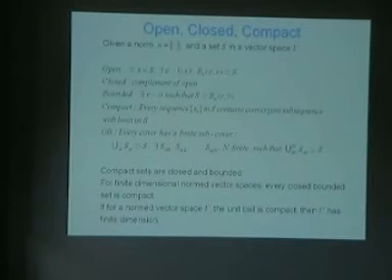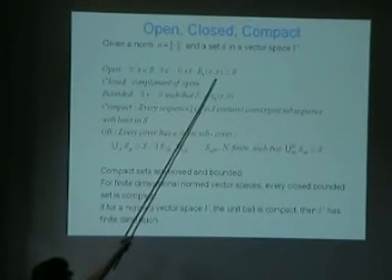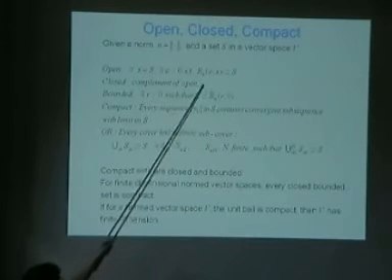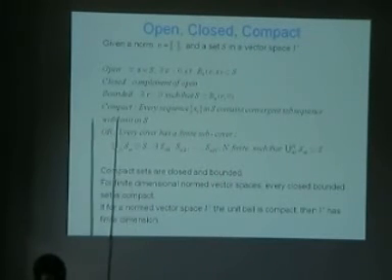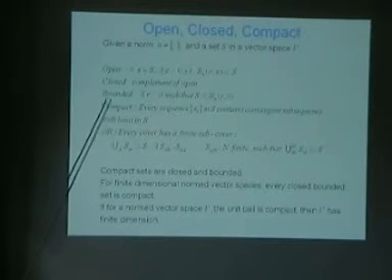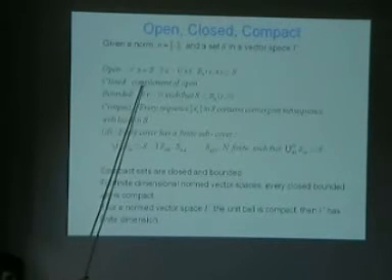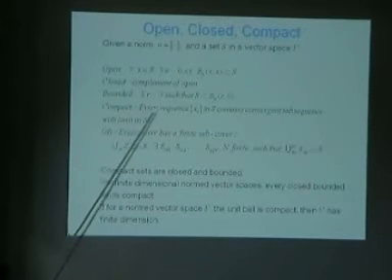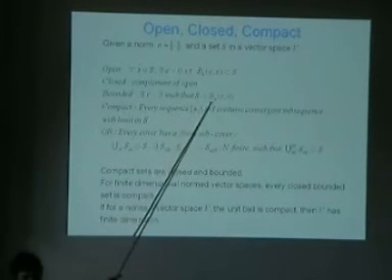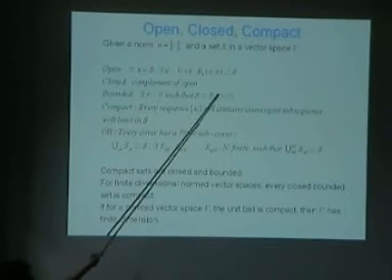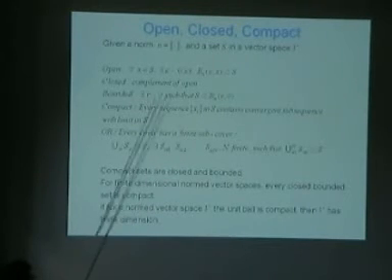An open ball is just the points which lie within epsilon of x, using this norm. We can define a closed set to be just the complement of an open set. A bounded set means that it just has to lie within some ball, not one particular radius, some radius.